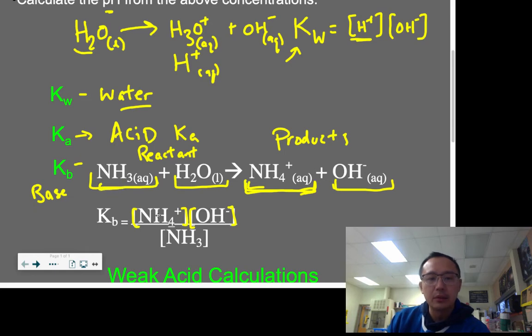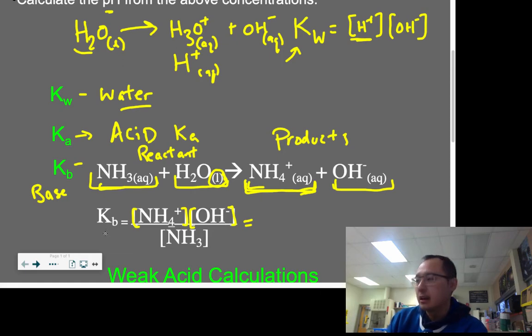We only include your ammonia in this case because it's aqueous. We don't include the water because it's the liquid state, and you also don't include solid state. So this is your dissociation constant, ionization constant for the base.